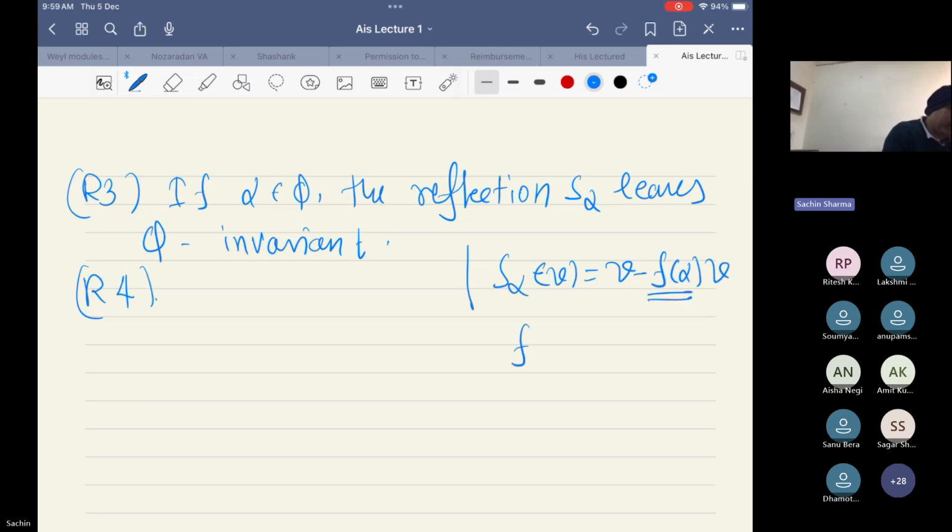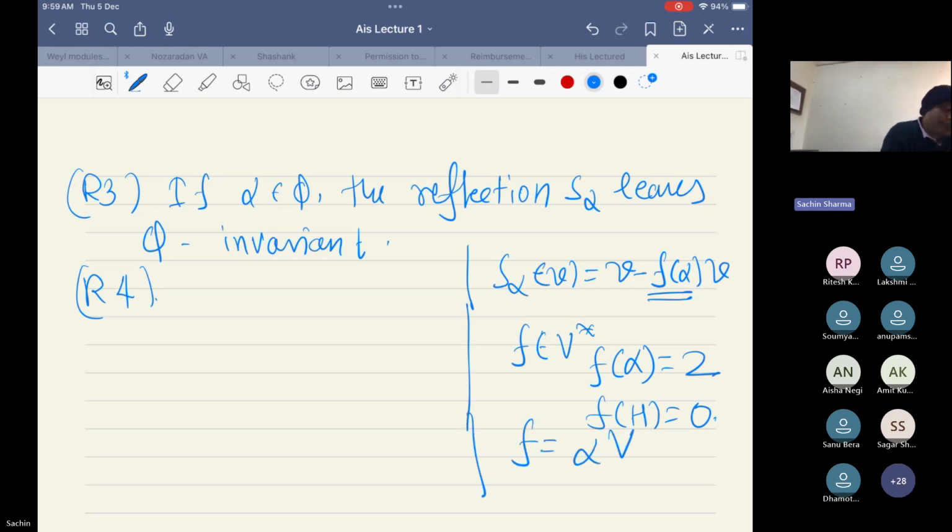This f is a special element of V star such that f of alpha is equal to 2 and f is 0 on the hyperplane. I call that special f alpha check once and for all. So alpha check is an element of V star. Given every alpha belonging to phi, you will have an alpha check.